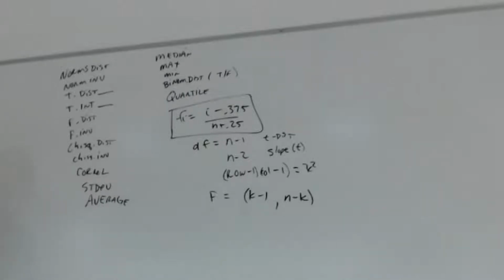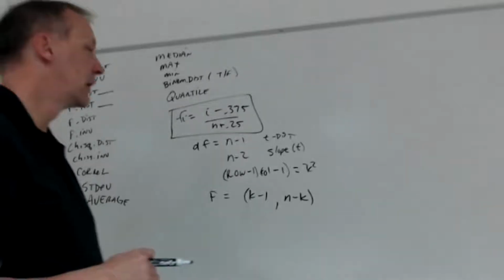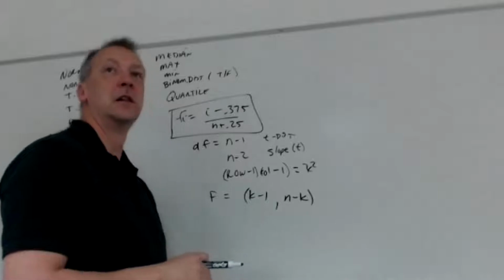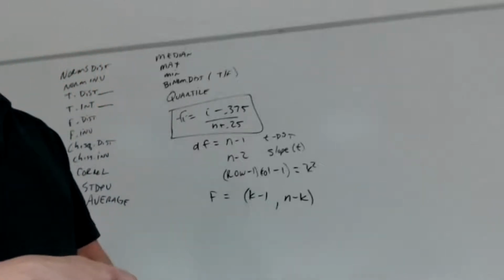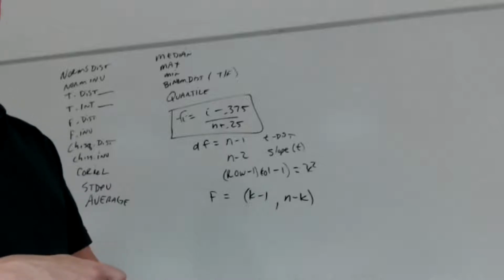Does that only apply to ANOVA, or does it apply to the first step? It applies to all F tests. Which one is the ANOVA, what's the other one? The other one is 2 population standard deviations.